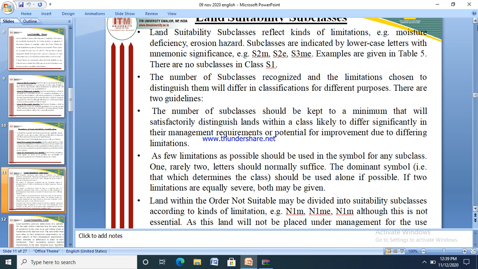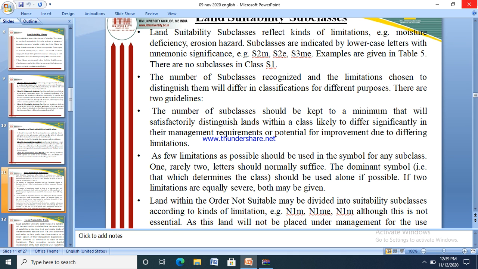There are no fixed subclasses. The number of subclasses recognized and the limitation chosen to distinguish them will differ in classification for different purposes. There are 2 guidelines. The number of subclasses should be kept to a minimum that will satisfactorily distinguish land within a class likely to differ significantly in their management requirement or potential for improvement due to different limitation.